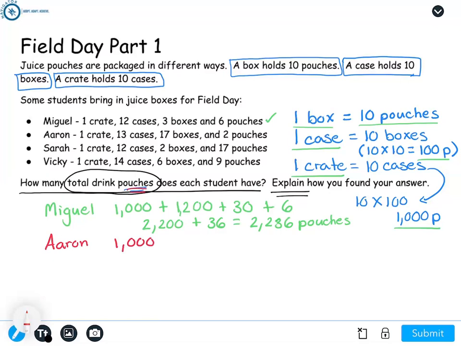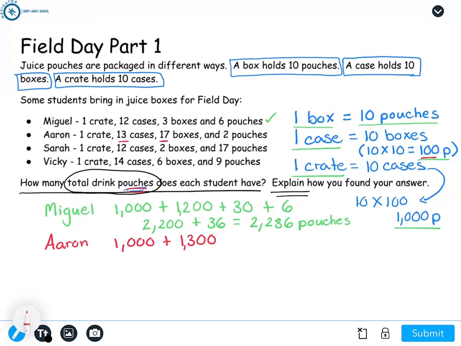So he has 1,000 pouches, one crate. Then he has 13 cases. One case is 100 pouches. So I can take 100 times 13 and think of it as 13 hundreds. 13 hundreds, which also looks like 1,300.